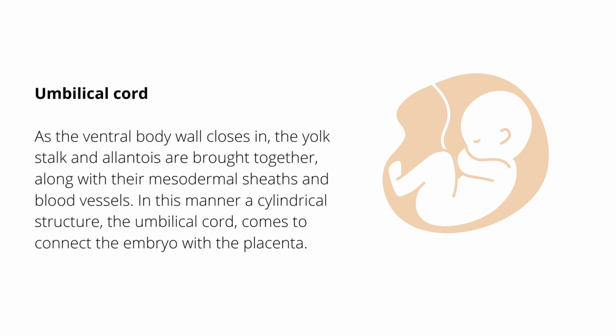It will serve the embryo and fetus as a physiological lifeline, literally, throughout pregnancy. The mature cord is about 1.3 centimeters or 0.5 inch in diameter, and it attains an average length of 50 centimeters or 1.6 feet.